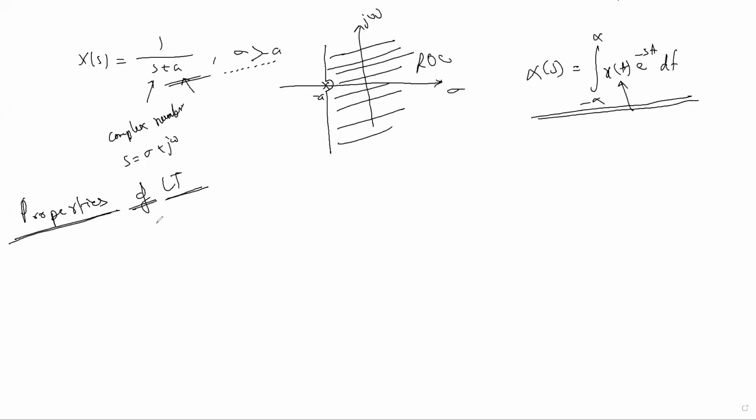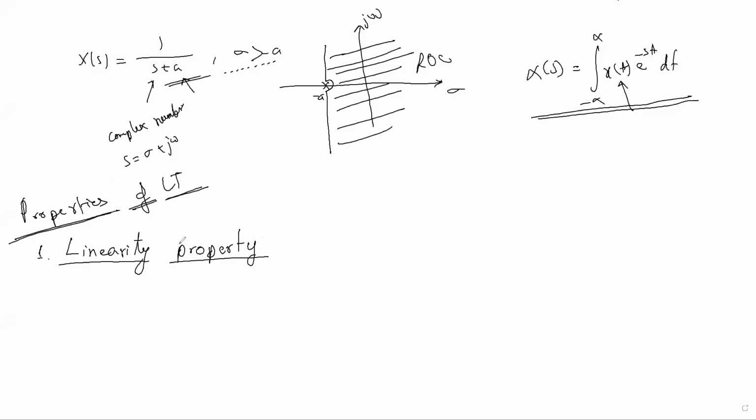So the first property is the linearity property. You can find this property in the Fourier series as well as the Fourier transform.